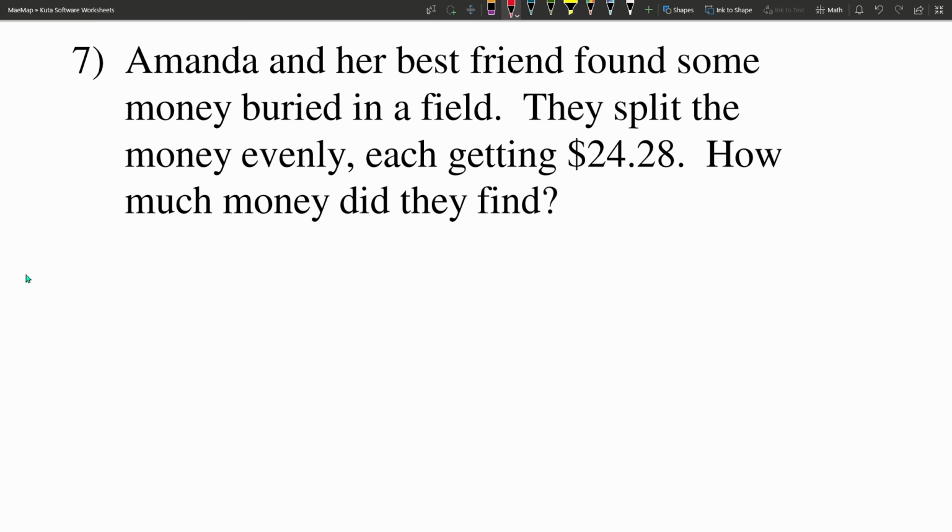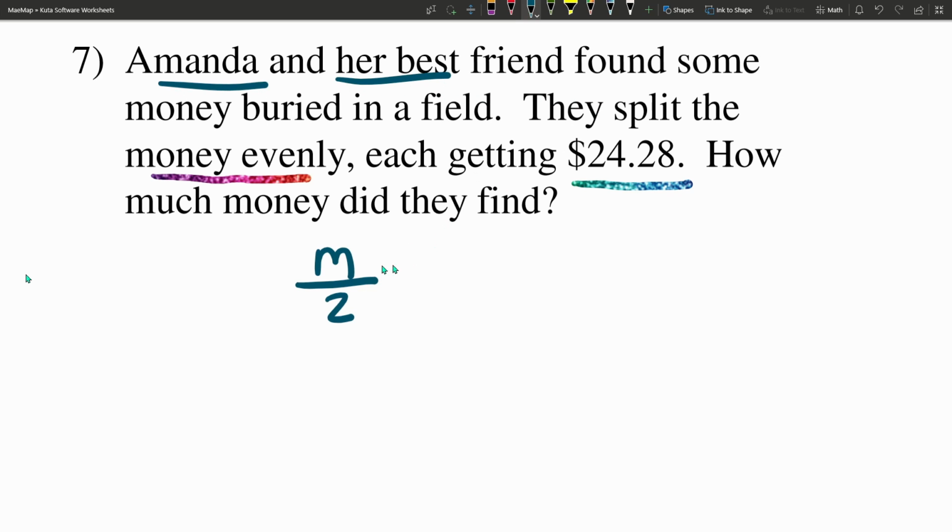Number 7 states that a man and her friend found some money buried in a field. They split the money evenly, each getting $24.28. So if each of them got $24.28 and they split the money evenly, how much money did they find in total? That means that the total amount of money, I'll write that as M, divided by 2, because they split it evenly and there's 2 of them.